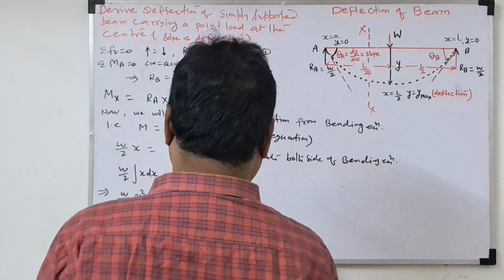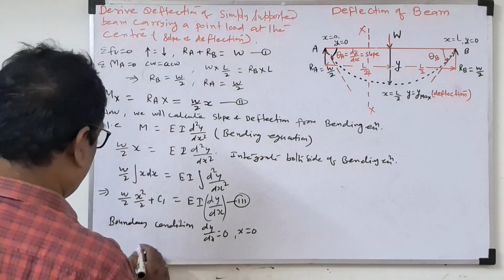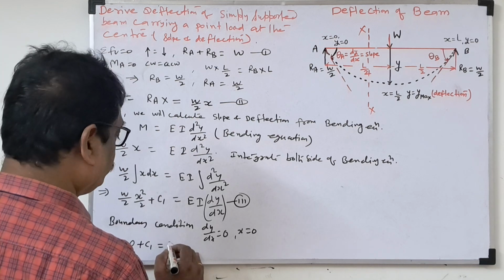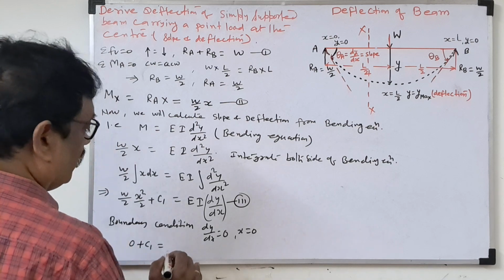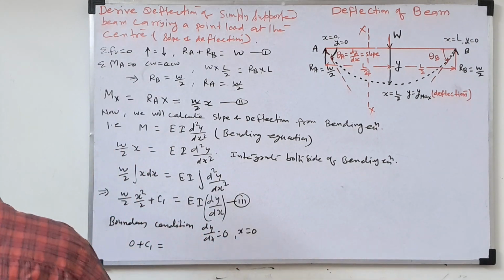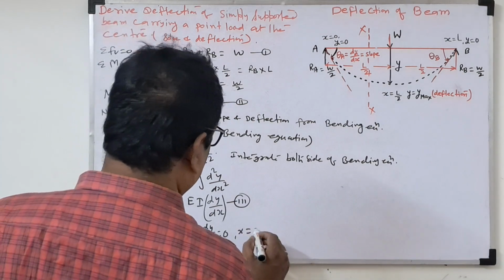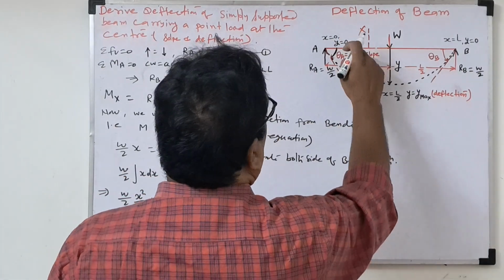So substitute in equation 1. What will come here? This part will come with x equal to 0: 0 plus C1 equal to. Deflection will be 0 at x equal to L by 2, because we are taking deflections, not slope.